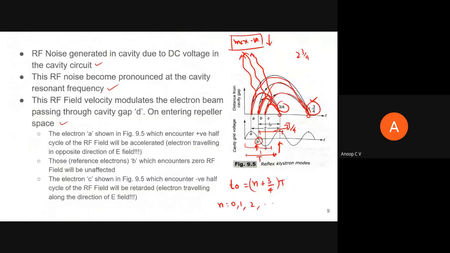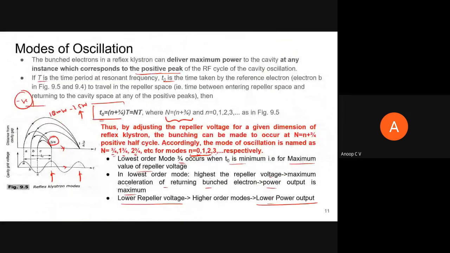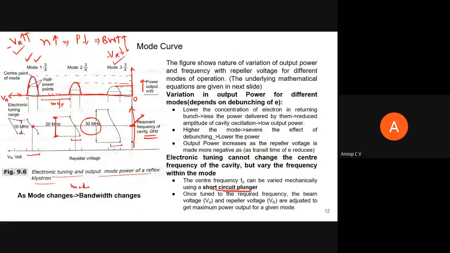Then we have seen different modes. By adjusting the repeller voltage, we can achieve different modes. And what happens to the output power and bandwidth as the mode increases, that is the mode curve you should be able to draw. It's the variation of output power and bandwidth around the resonant frequency.